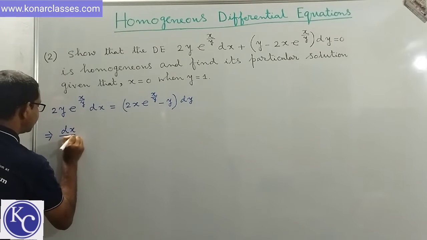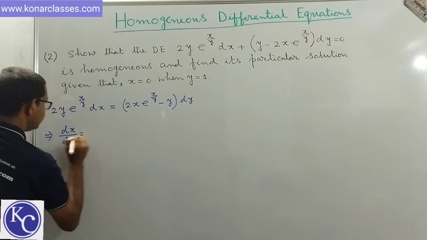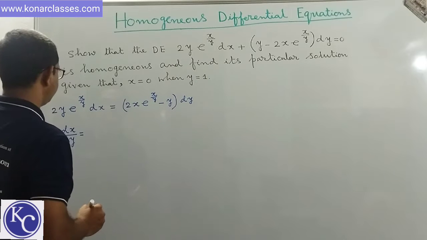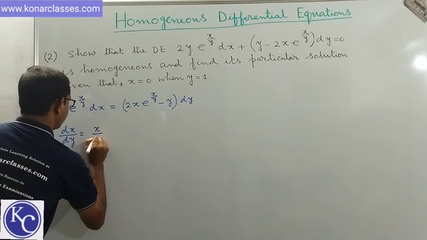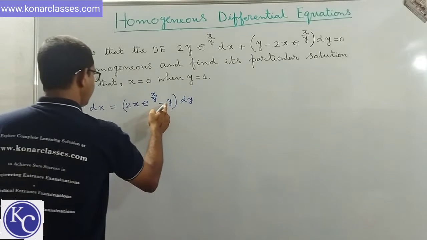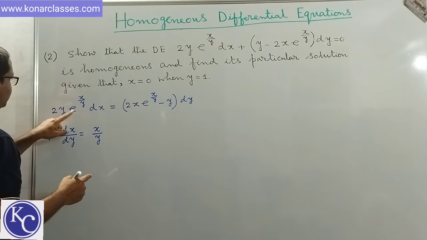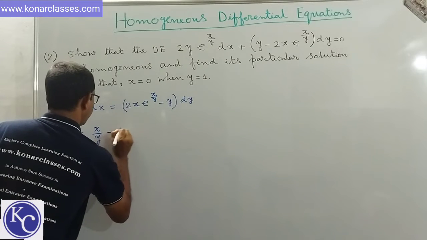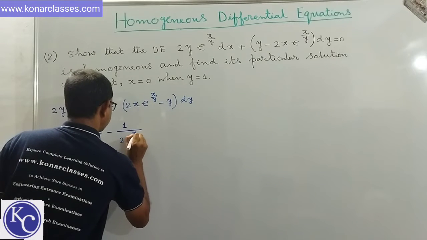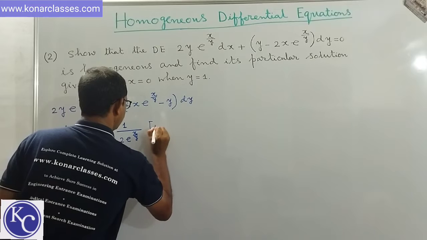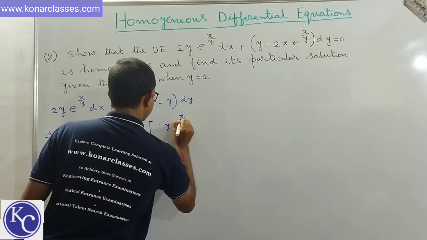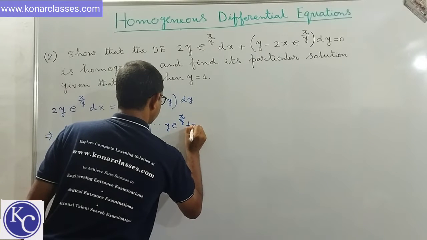We get dx/dy is equal to (2x e^(x/y) − y) by 2y e^(x/y). So that will become x by y, and here y by 2y e^(x/y) becomes minus 1 by 2 into e^(x/y), and we write it since y into e^(x/y) cannot be equal to 0.